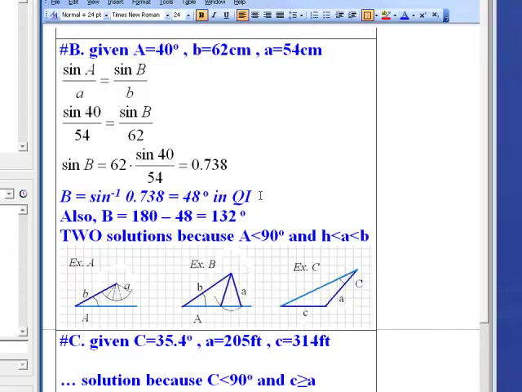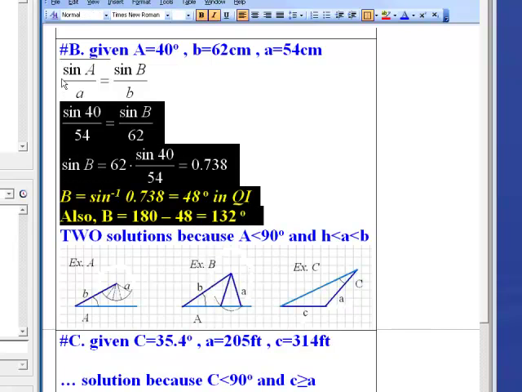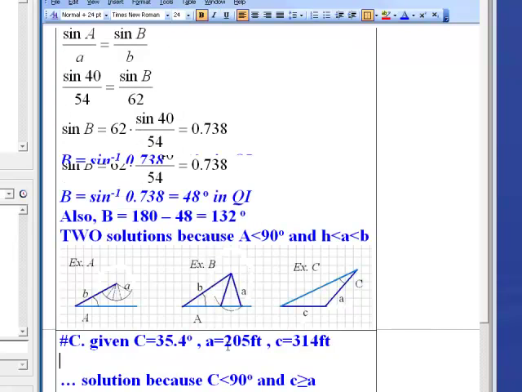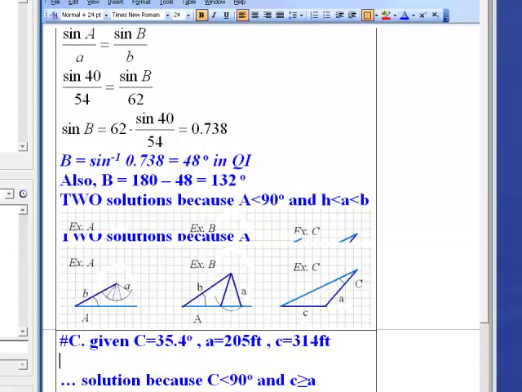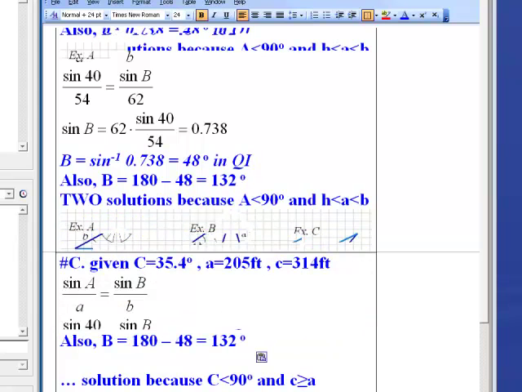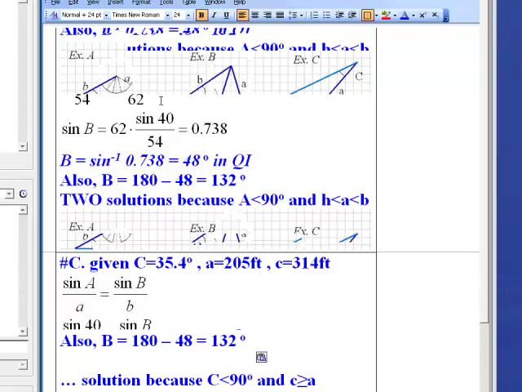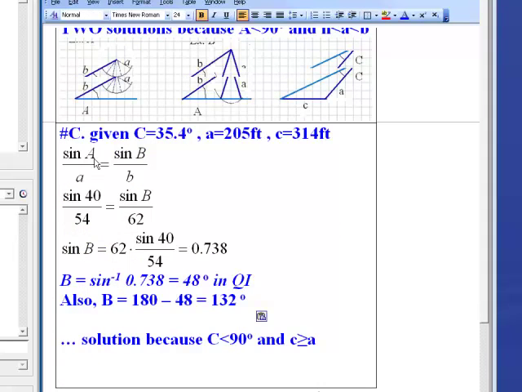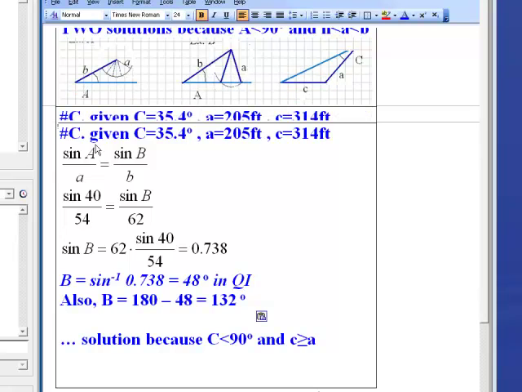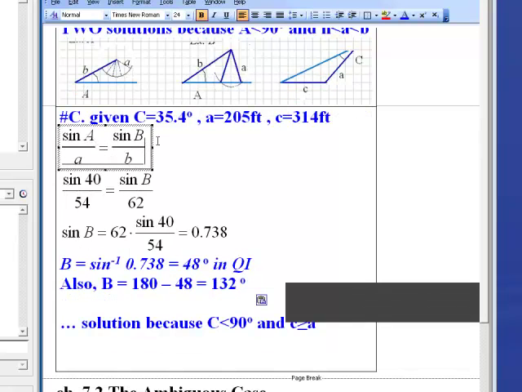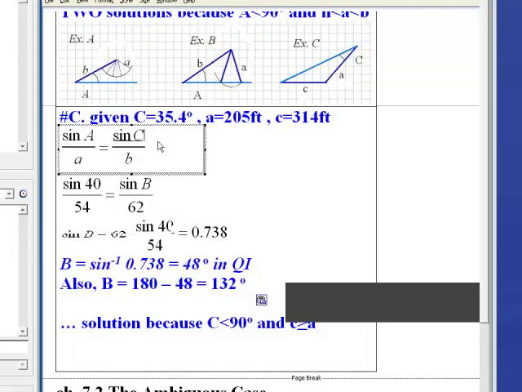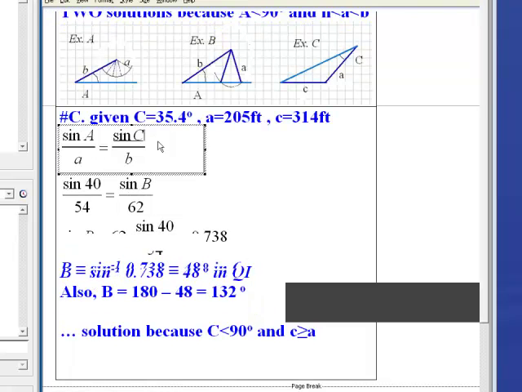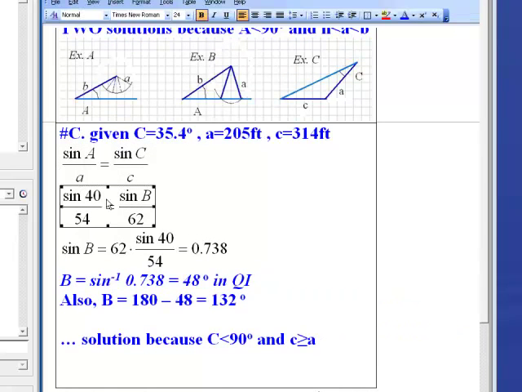Okay. And the third example that I want to do, let's see what I'm going to come up with. Again, I'm going to copy this here to make life easy on me, so that I don't have to re-type all these equations here. So let's see, in this case, of course, it's going to be sine A over A equals sine C over C. Okay.